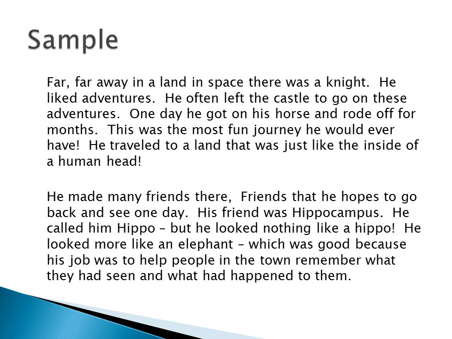That should be a period. Oops. Friends that he hopes to go back and see one day. His friend was Hippocampus. He called him Hippo, but he looked nothing like a hippo. He looked more like an elephant, which was good because his job was to help people in the town remember what they had seen and what had happened to them.